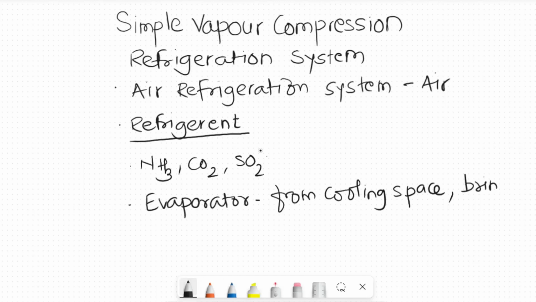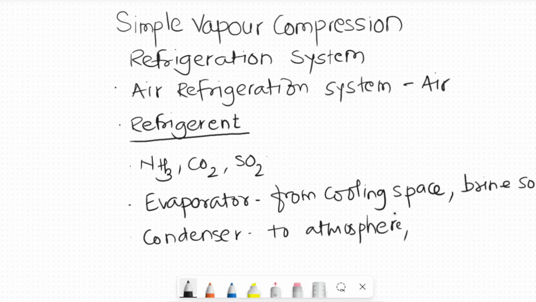So it will absorb the latent heat from brine solution or from the cooling space. And in case of the condenser, it will reject heat to atmosphere, or if there is any cooling medium other than air or atmosphere.